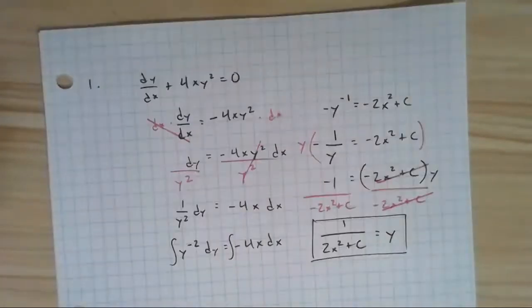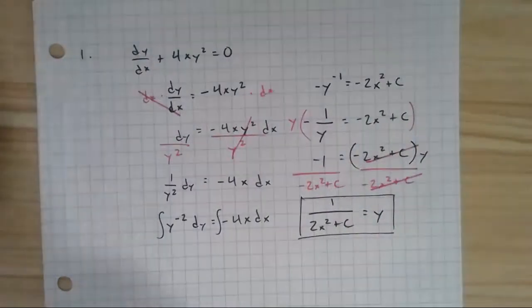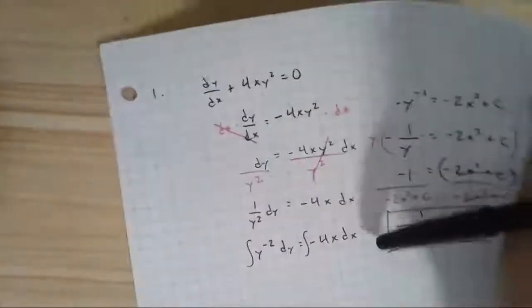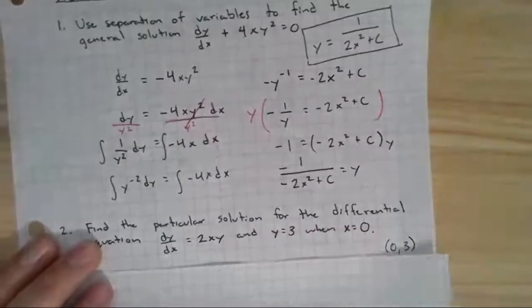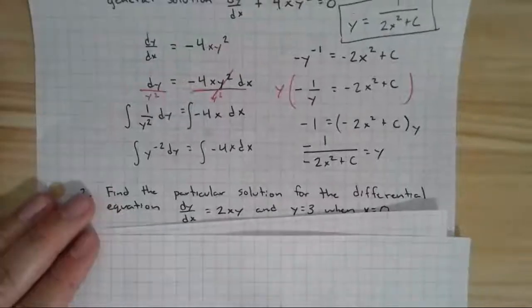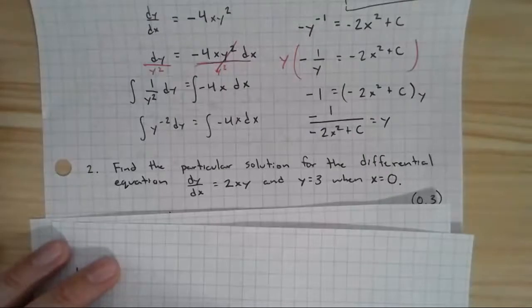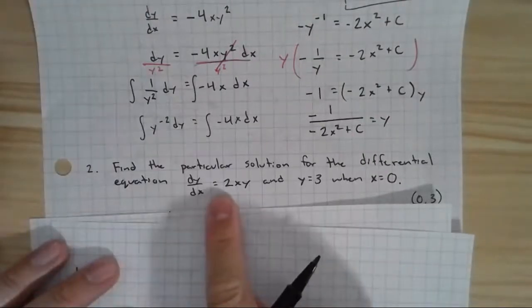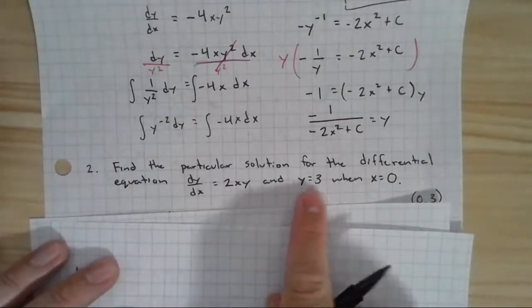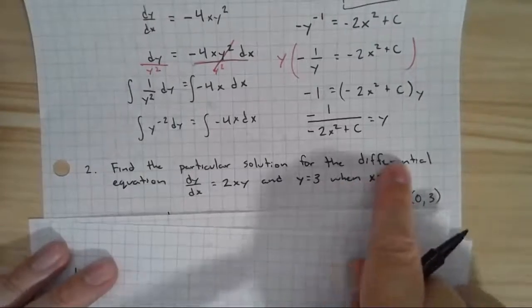Alright, for number 2, I have this here, not to confuse you guys. It says find the particular solution for the differential equation. Then I have dy over dx is equal to 2xy, and y is equal to 3 when x is equal to 0.